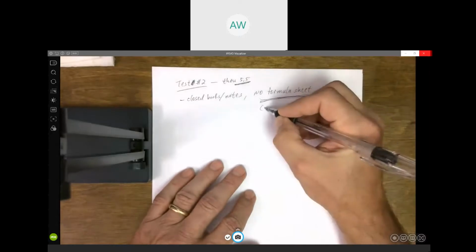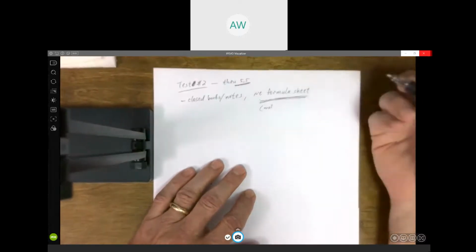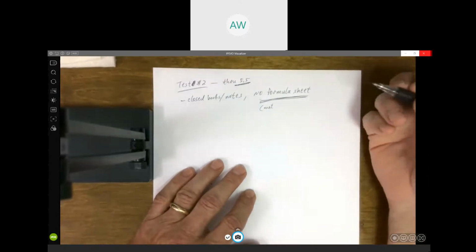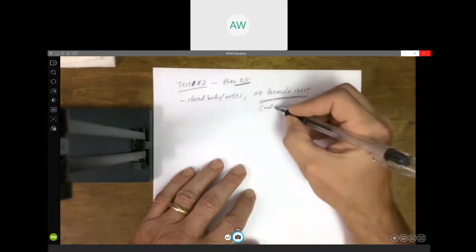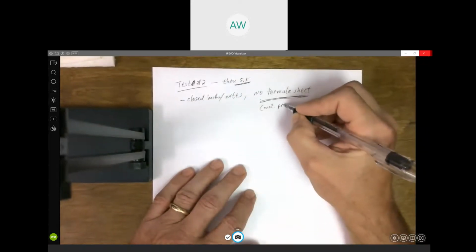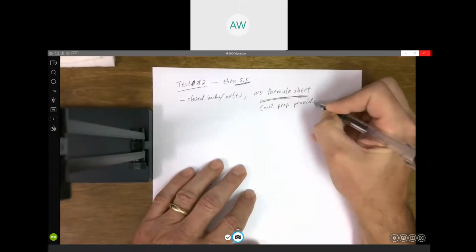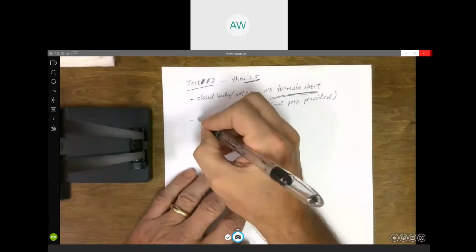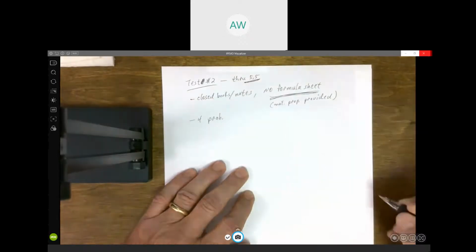The material properties, any E modulus of elasticity, or shear modulus, coefficient thermal expansion, any of those material properties, those will be provided. So material properties provided. There are 4 problems on the test, in case you're wondering or curious.